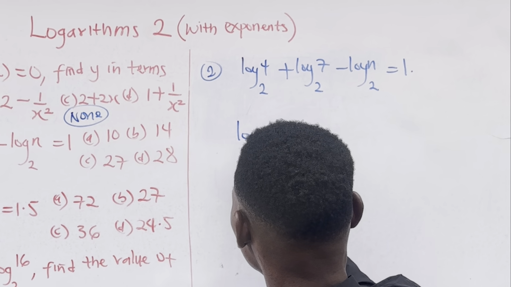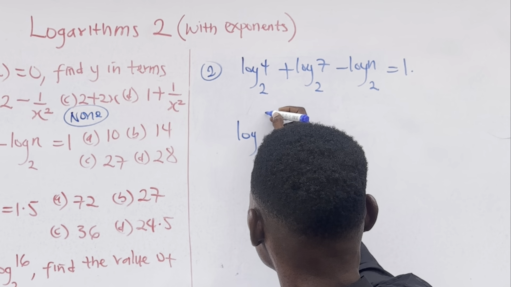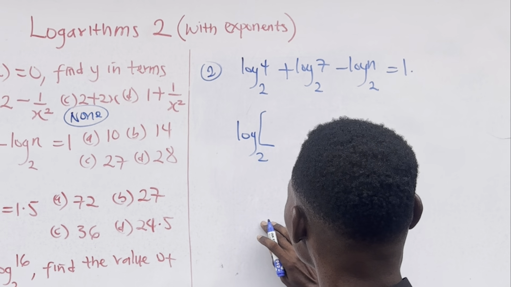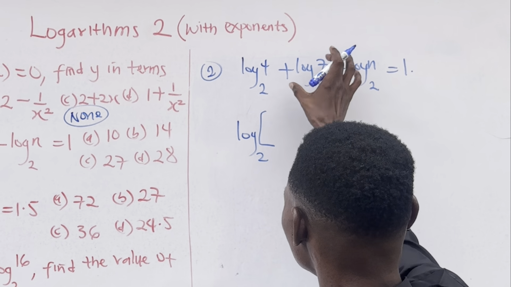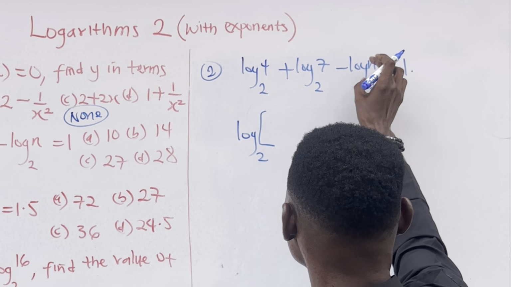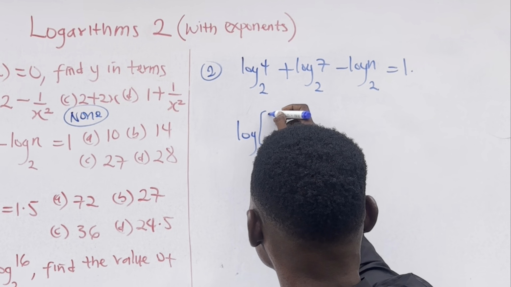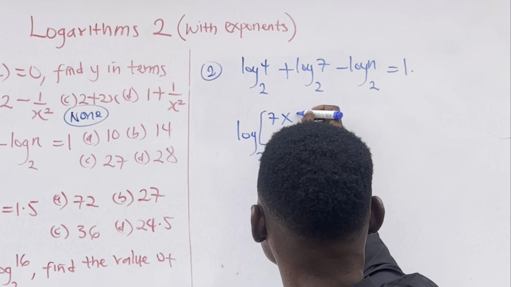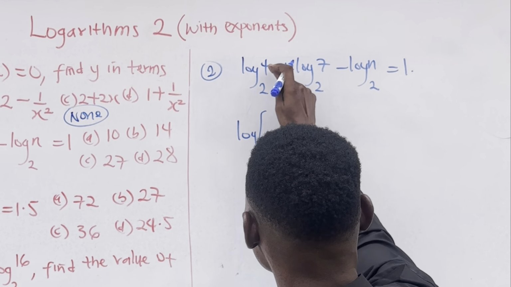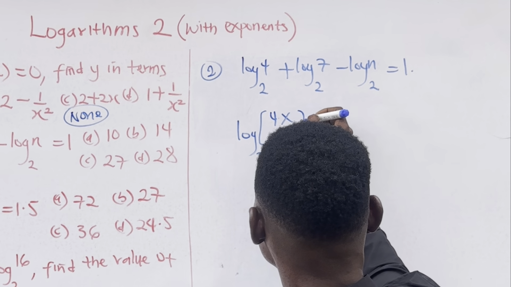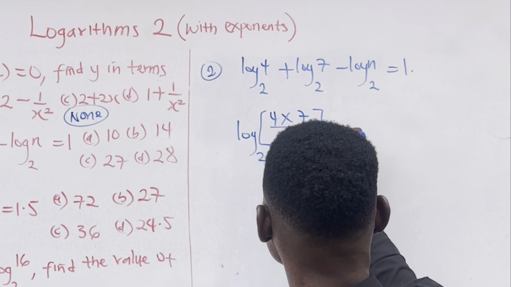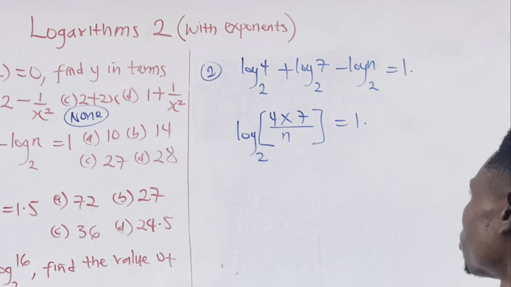So we'll have 1 log of base 2. When you are adding, remember you multiply the arguments. When you are subtracting, you divide the argument. So this is going to be 4 multiplied by 7 divided by n equal to 1.